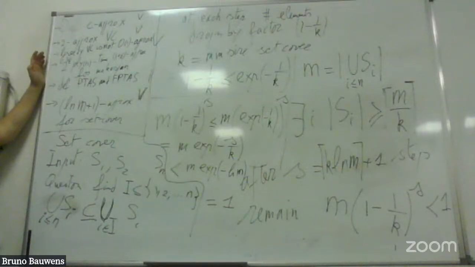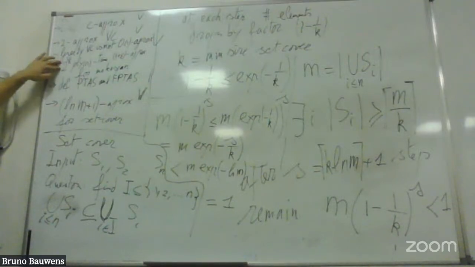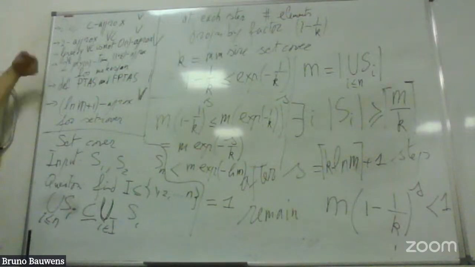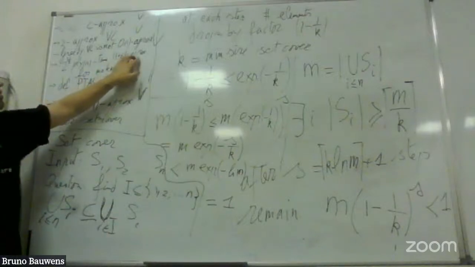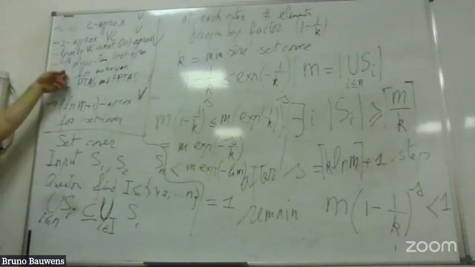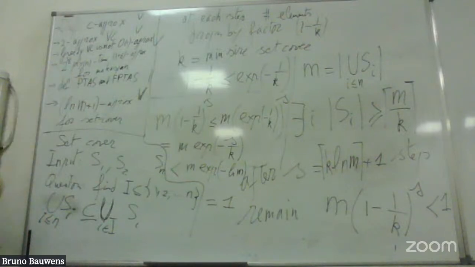But if you need 0.1% accuracy, epsilon equal to 1 over 1,000, then no chance to run this algorithm. So for each epsilon, we have a good approximation algorithm, but the dependency on epsilon is terrible for this algorithm.